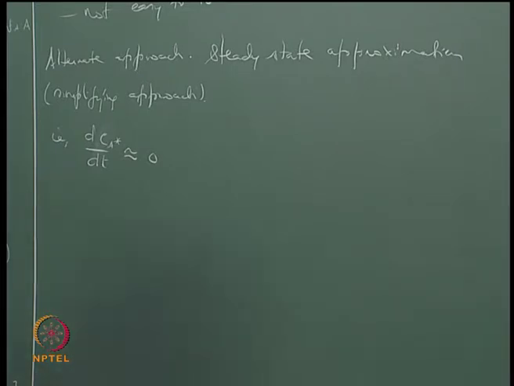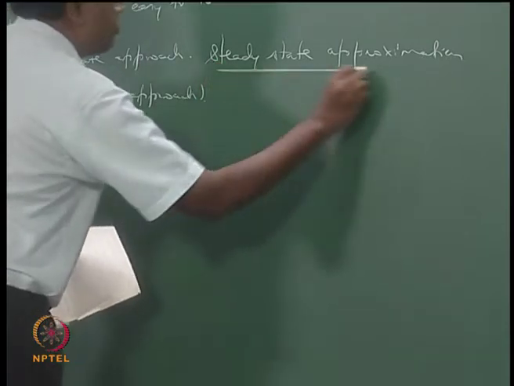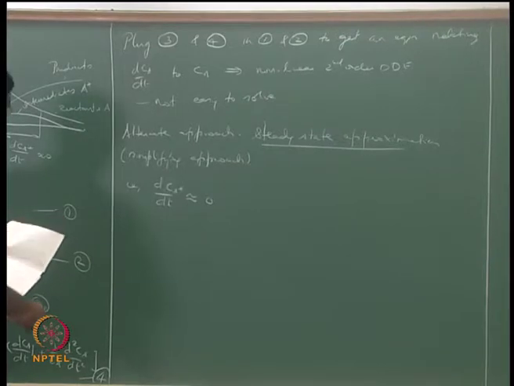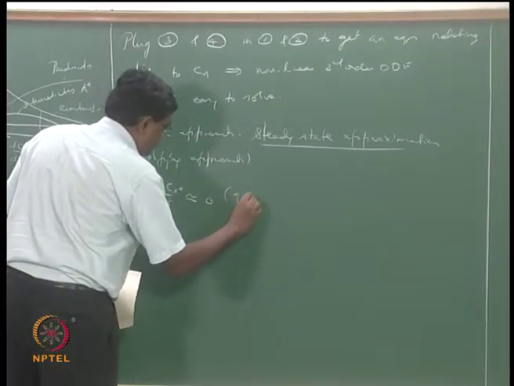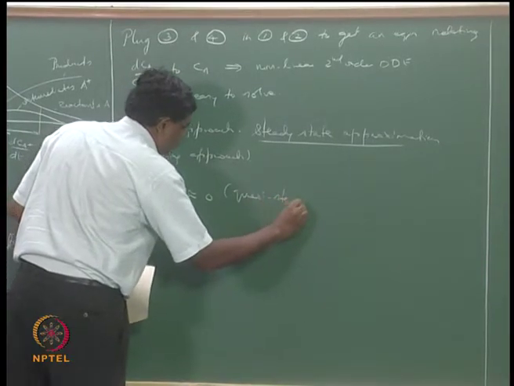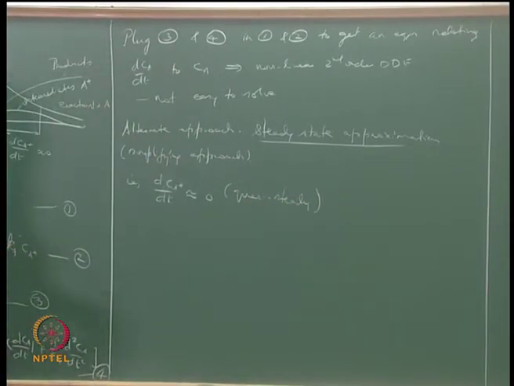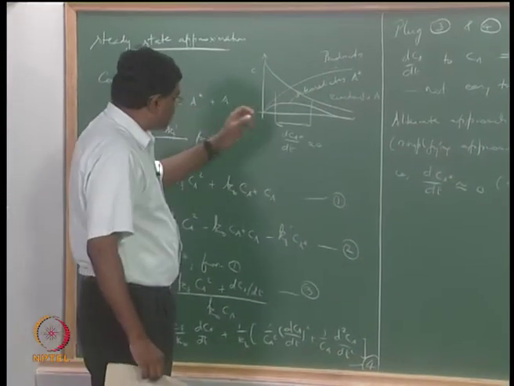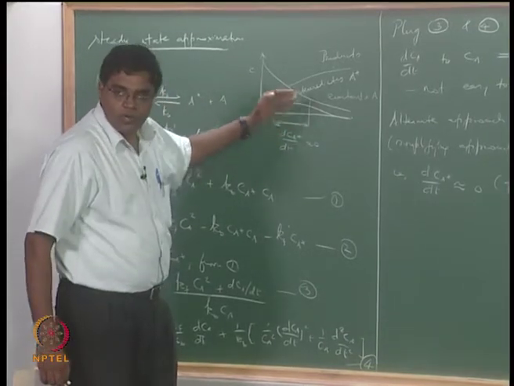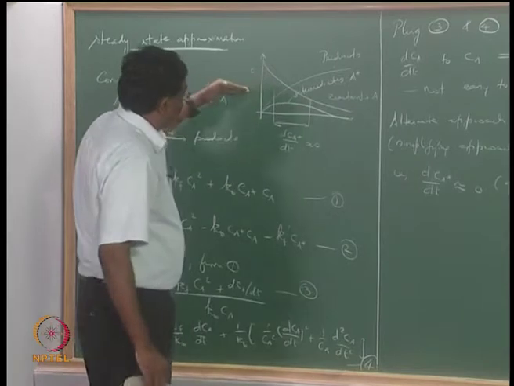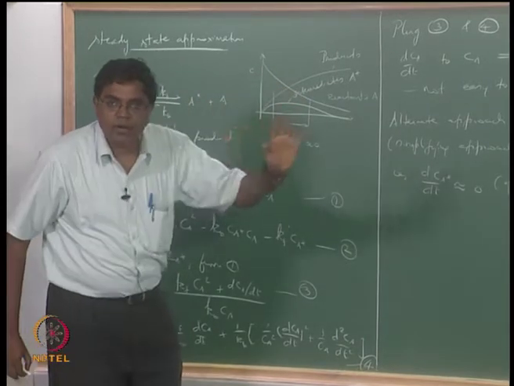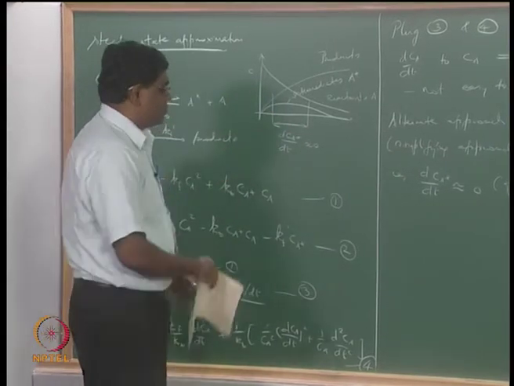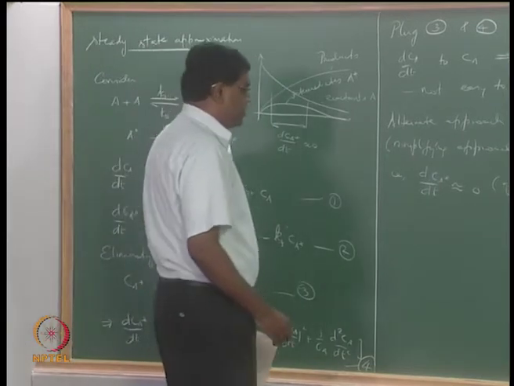The moment you say that, we are adopting the steady state approximation, though you should probably say this is quasi steady state. It's not really steady, but it's kind of like freeze frame a particular intermediate situation where the concentration of the intermediate is apparently not changing, okay, it changes sort of slowly in this intermediate region. So it's a quasi steady state approximation rather than just steady state alone.